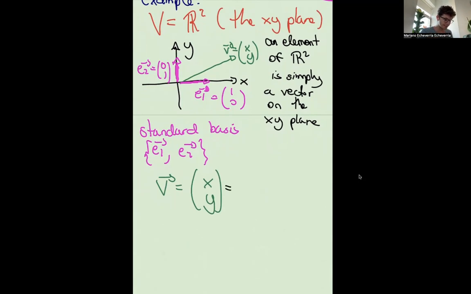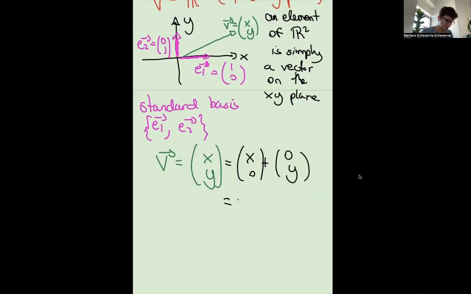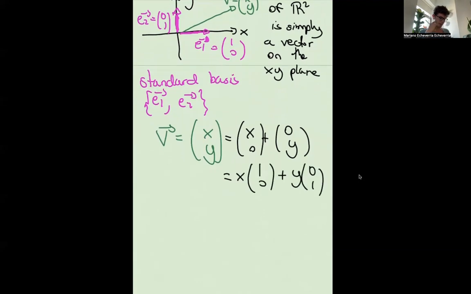It is convenient to write (x, y) as (x, 0) plus (0, y). That gives you x times (1, 0) plus y times (0, 1). So what that is saying is that the vector v is x times the vector e1 plus y times the vector e2.